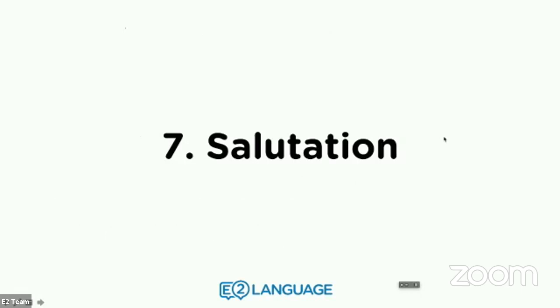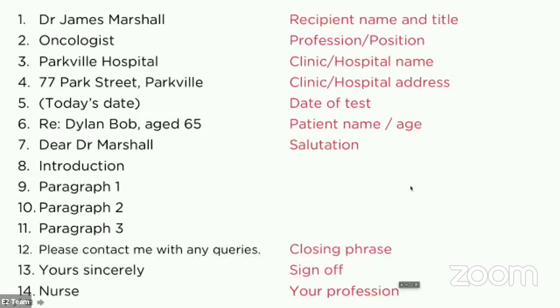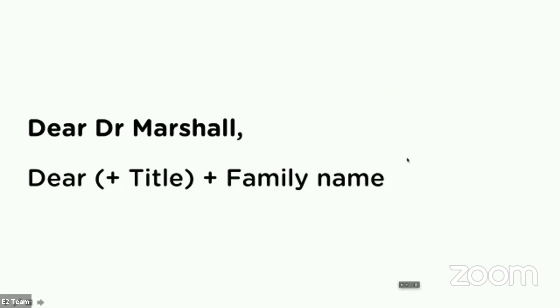Number 7, the salutation. Okay, salutation, if you look down at number 7, it says, Dear Dr. Marshall. Dear Dr. Marshall, okay? So what is that? Well, you should always use the salutation dear because we're writing a formal letter. You should never write hi or hello or whatever.